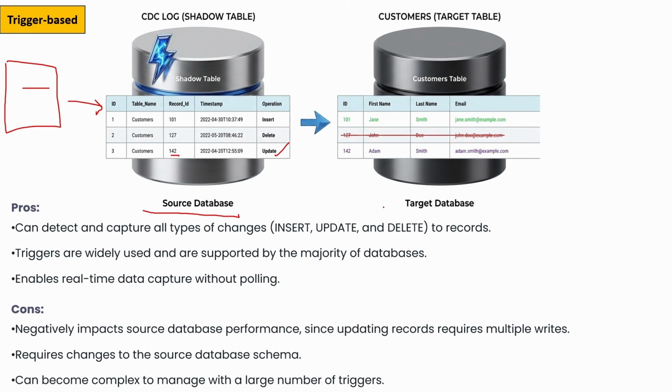And the cons are it negatively impacts your source database performance, since updating records requires multiple writes into your shadow table. It requires changes to the source database schema, and it can become complex to manage with a large number of triggers. Suppose you have tons of triggers, it will be complex for your system to manage all of them.